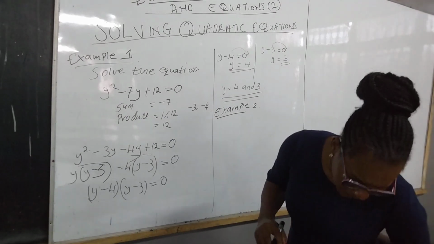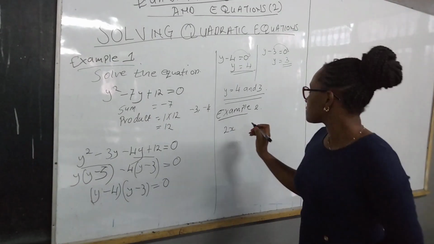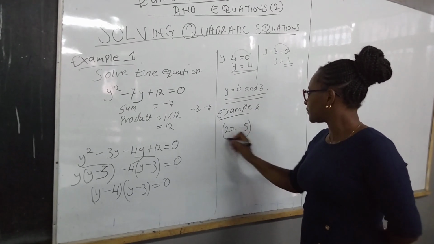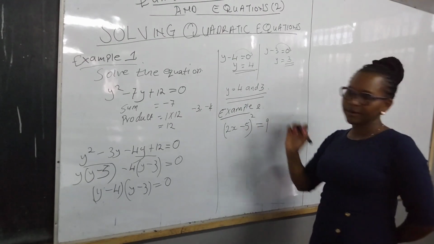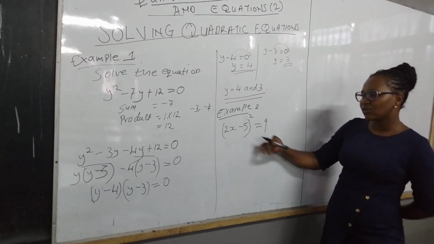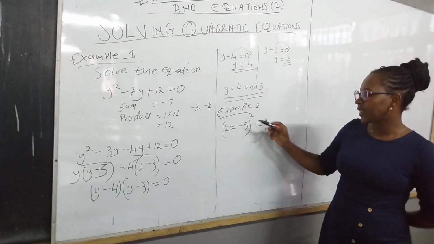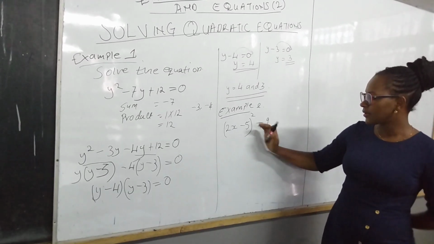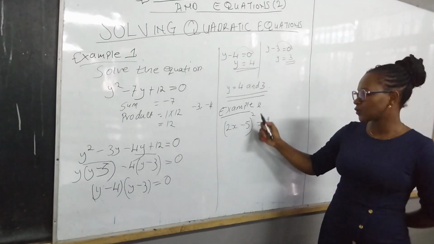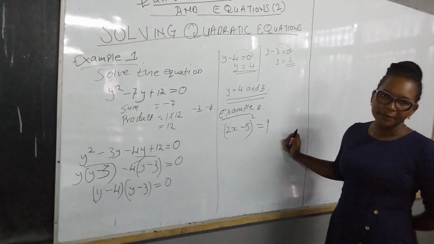We have 2x minus 5 squared is equal to 9. In this kind of example, how do we do this? If you look very well, on one side we have a linear expression, squared. Then we have an equation equated to 9.